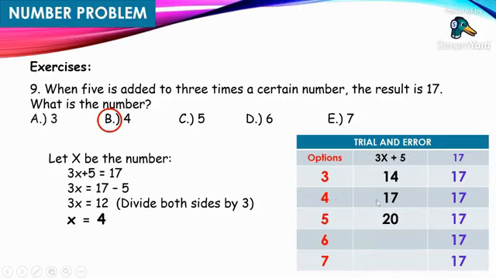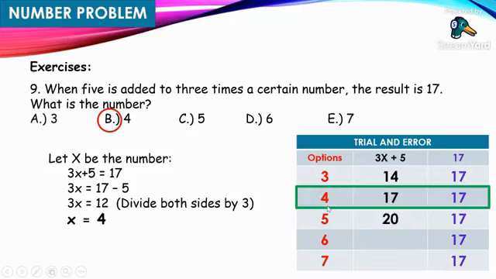So dito pa lang nakuha na natin yung sagot. 17 is equal to 17. So the best option or the answer is letter B, and that is 4. So pag naghanap naman tayo ng option when we try guess and check, sometimes start at natin din try.